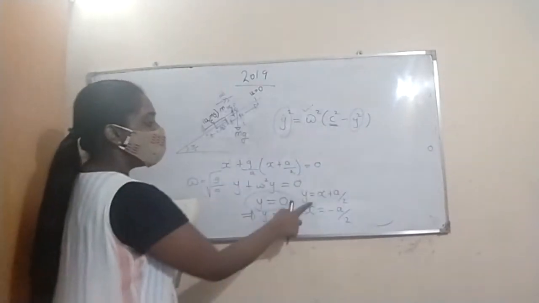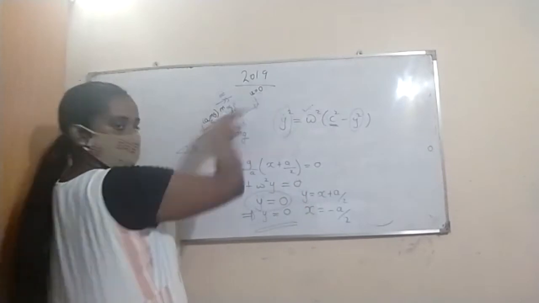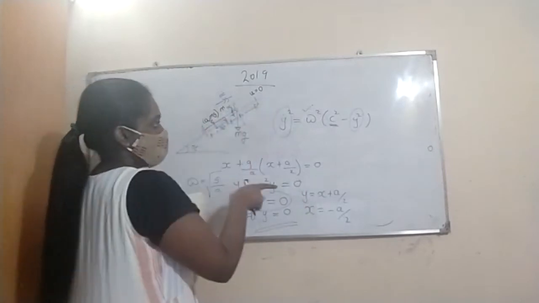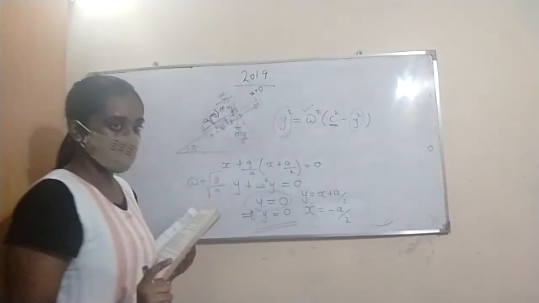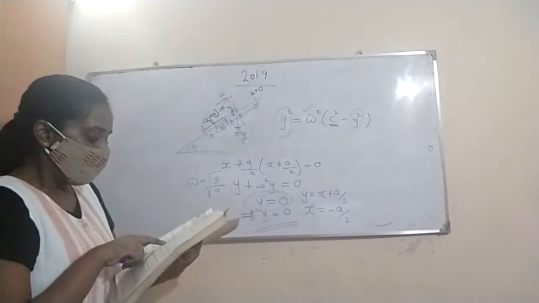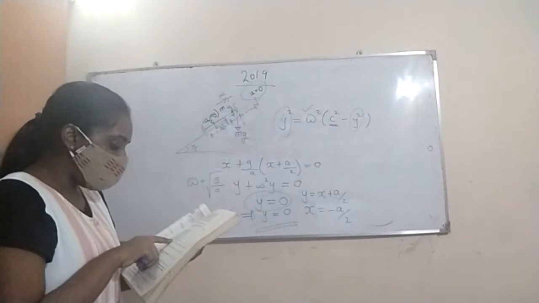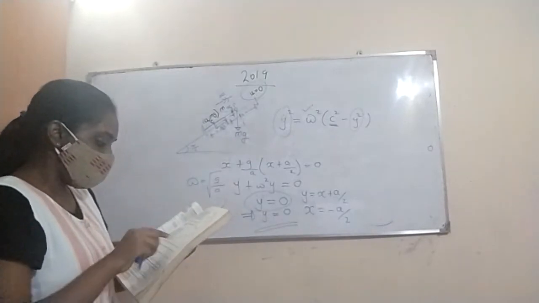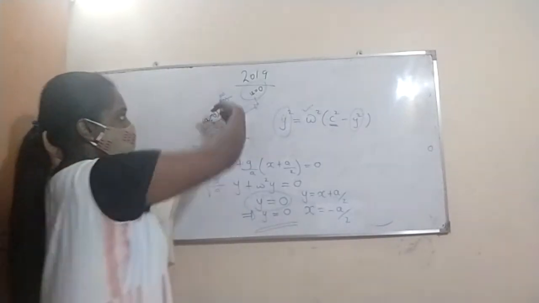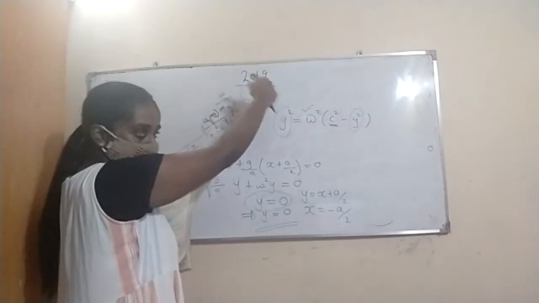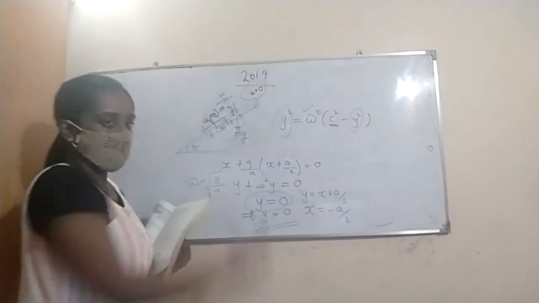You see, y is equal to x plus a by 2, so I can put any distance, but we only know the velocity. That is the keyword they gave in the question: when the particle P is released from rest. We are pulling the particle P to the point B and releasing it from rest.